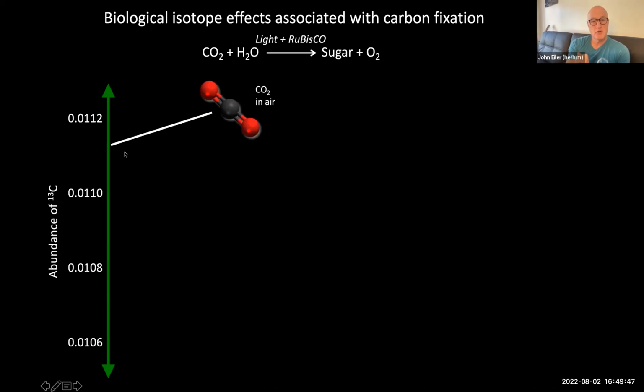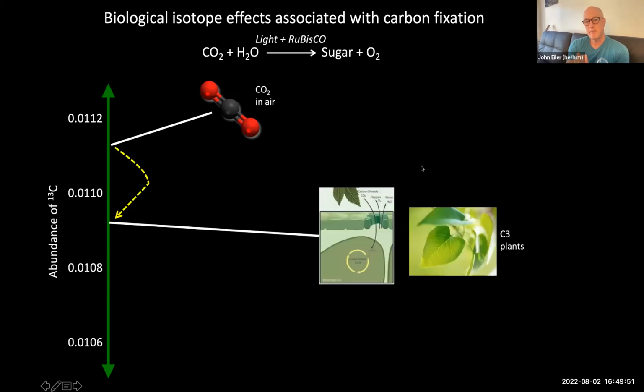plants. CO2 in air has about 1% carbon-13 in it. And when it's fixed by the so-called C3 plants, which are basically broad leafy plants, there are two processes that take place in the fixation. One is the diffusion of the CO2 through pores into the interior of the leaf. That's a process we talked about earlier.